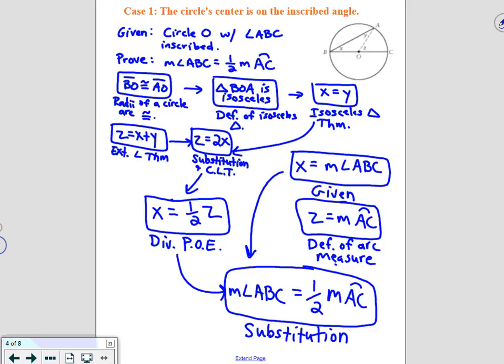And now we've proven case 1 of the inscribed angle conjecture.